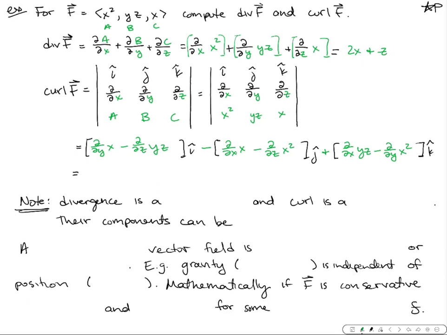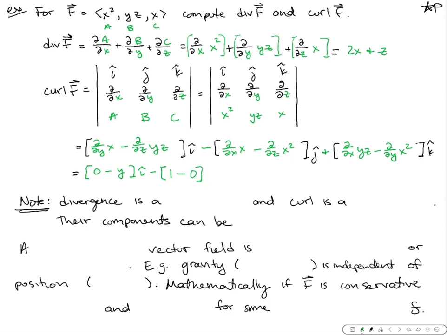And then we go ahead and compute all these partial derivatives and start to simplify it. So d/dy of x is 0, minus d/dz of yz is just going to be y, right there. And then d/dx of x is just going to give me 1, minus d/dz of x squared, again that's 0.